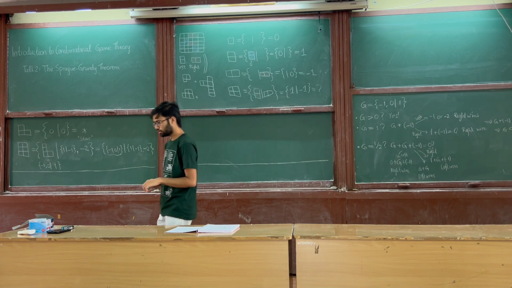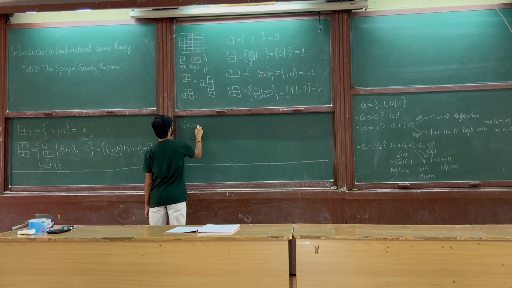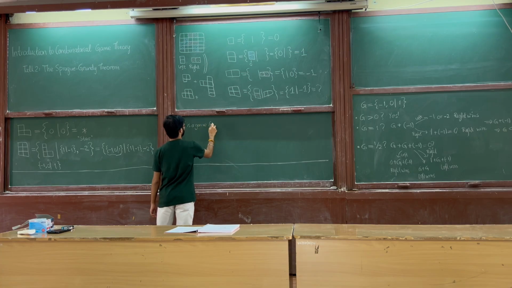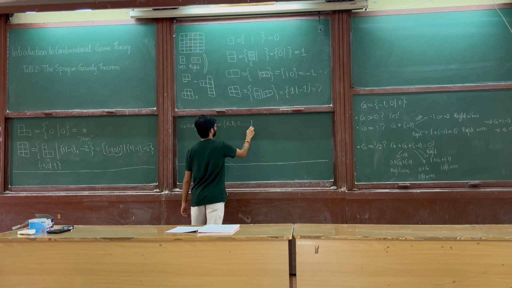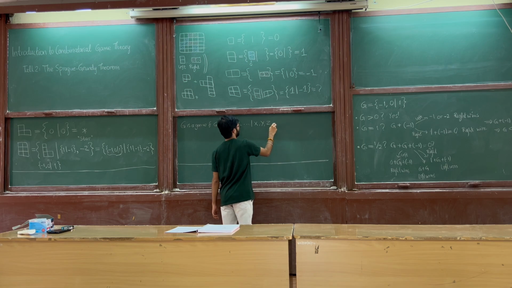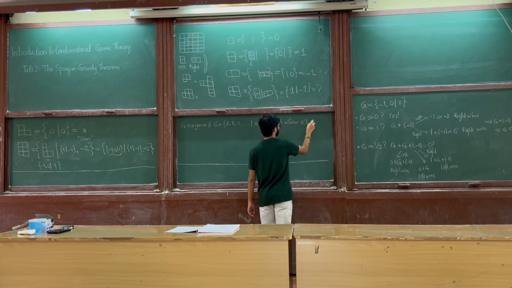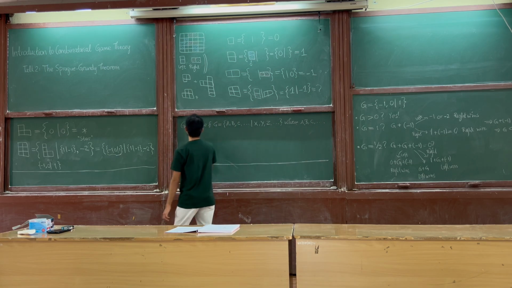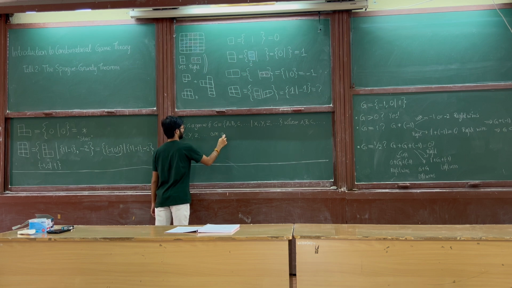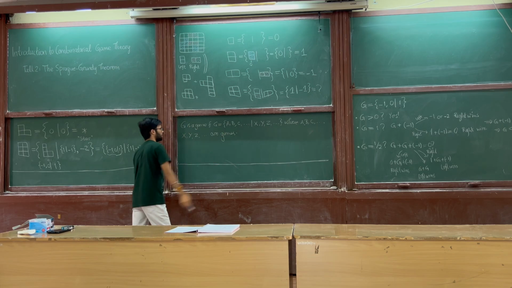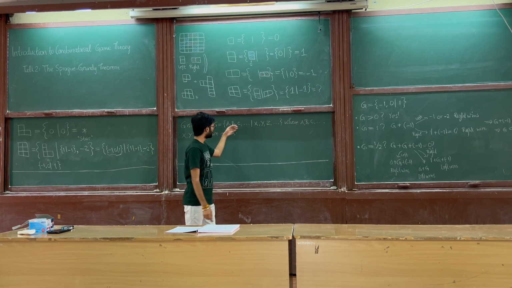So the definition is as follows: G is a game if G looks like this, where these are games as well.